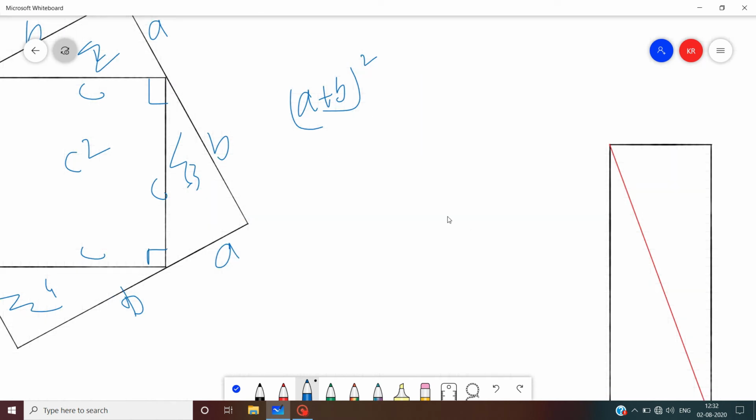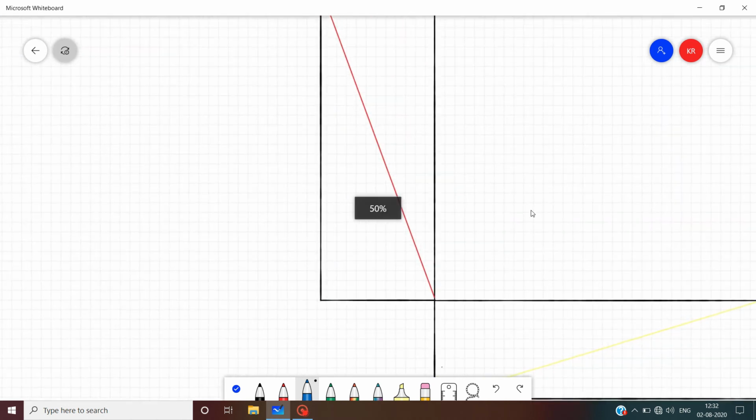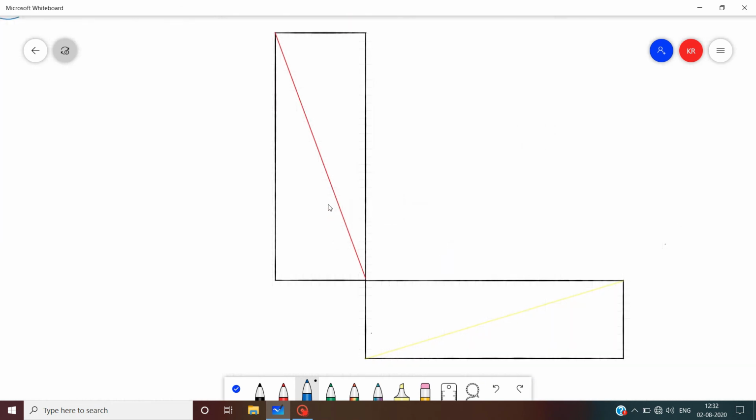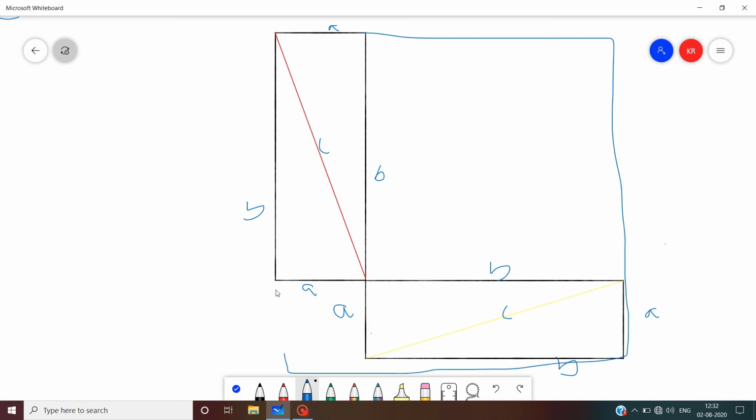Okay, it's pretty easy. And now I'm changing the orientation of the triangles in a new pattern. So here sides a, b, b and a, and this will be c, right? And this is also c, b, a, b. So we can see this seems to be like a square which was cut, right?